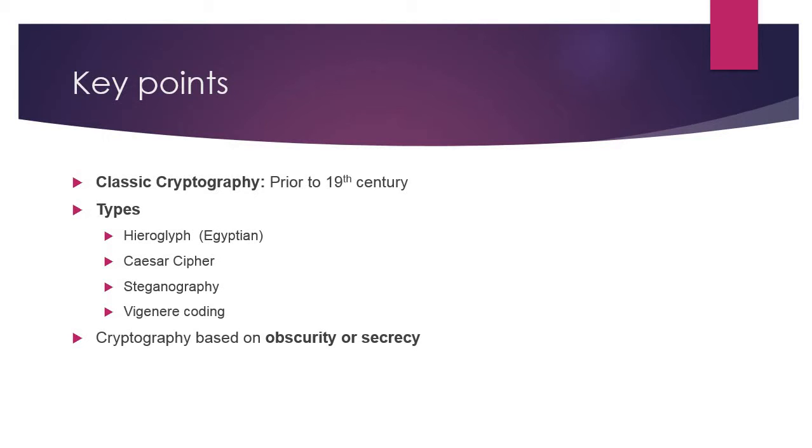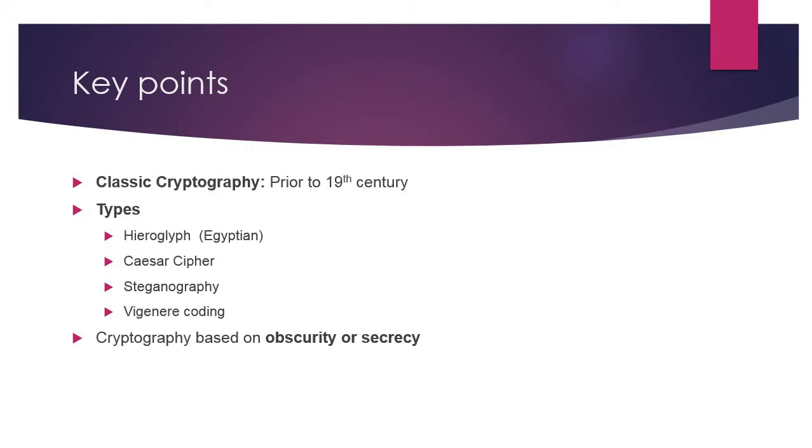Now, an important point to consider, guys, is that the cryptography techniques that you saw as part of classic cryptography were mainly based on obscurity or secrecy. What is meant by these terms is that the main way of making the message secret was based on some secret method, either a Caesar cipher or a Vigenere coding.